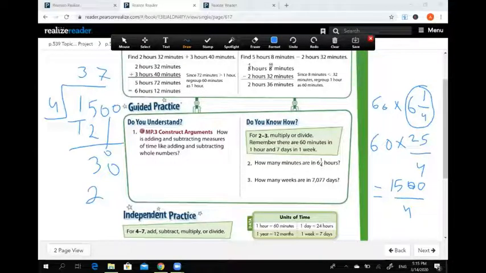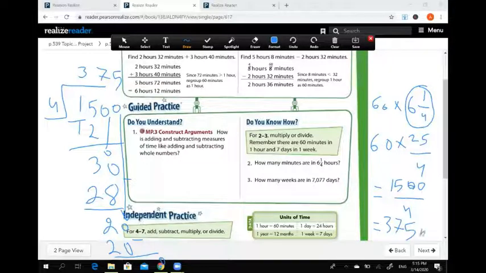Then 30 minus 28 equals 2. Then I'll put the 0 down. It will be 20. 4 times 5 equals 20. So 20 minus 20 equals 0. So 375 is the answer. 375 minutes in 6 hours and 1/4.